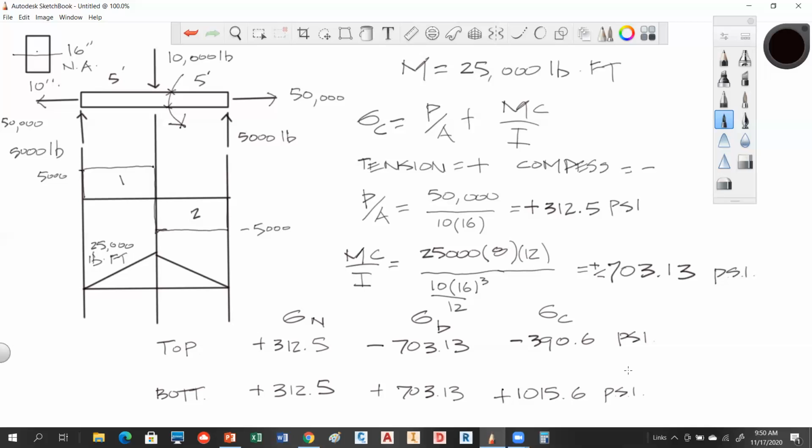Everybody see how we did that? You guys getting those numbers? So these are the numbers we're after right here. That one and that one.